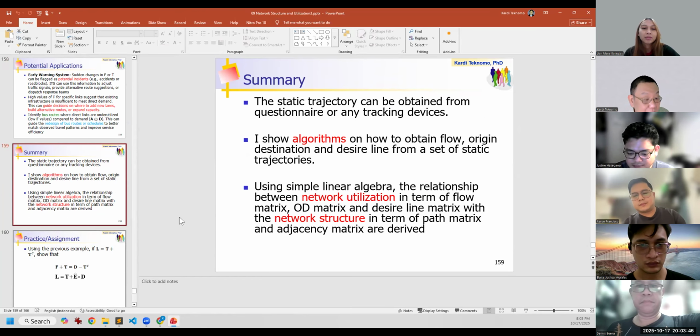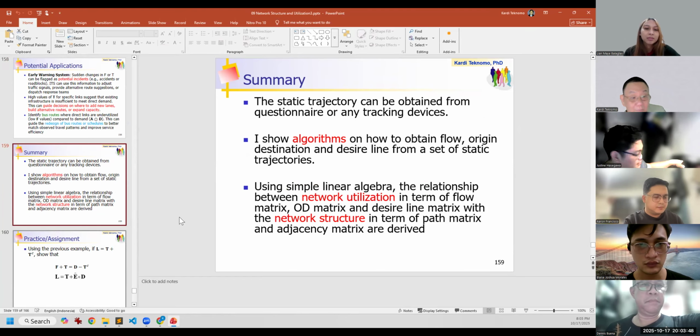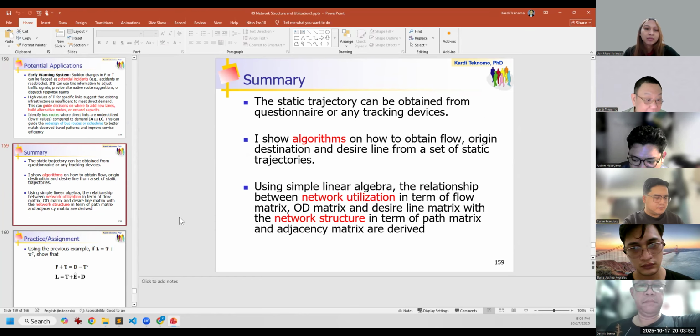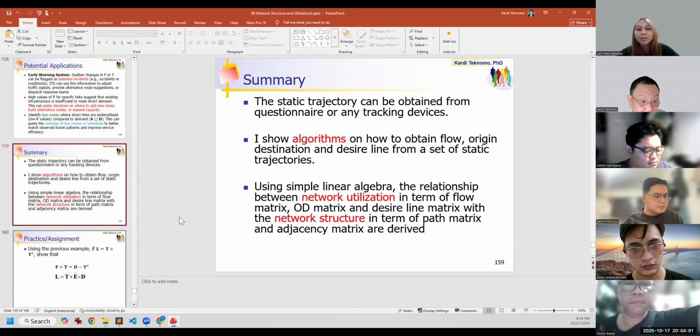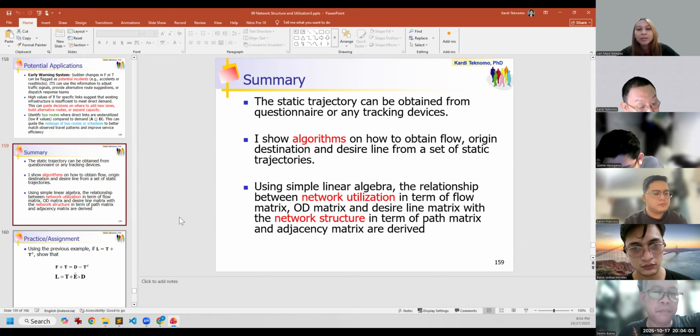Everything is based on trajectory. With this, I hope you can start to appreciate the more modern approach to research and development of new kinds of transport methods.